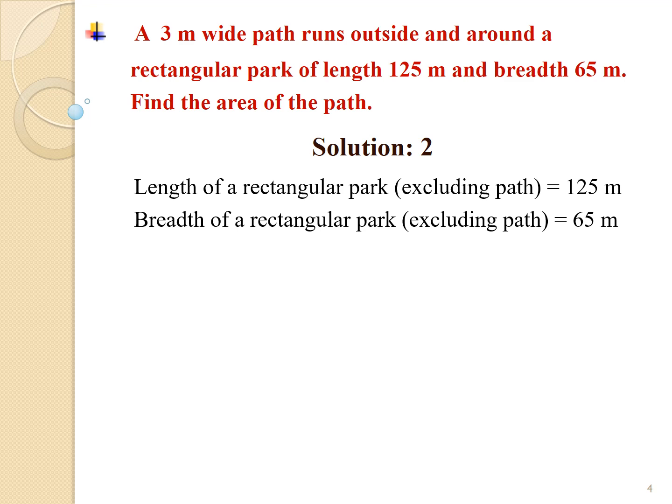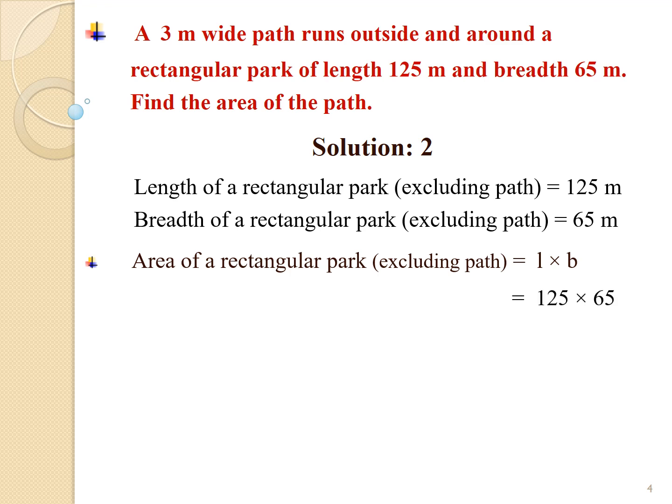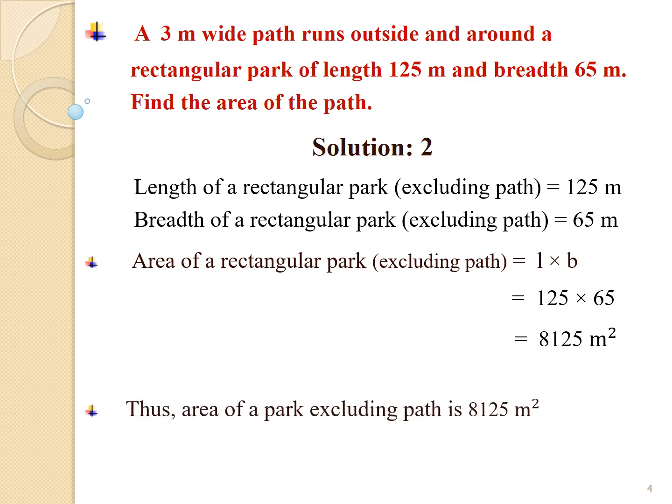We know that area of a rectangle is equal to length into breadth, which is equal to 125 into 65, which equals 8,125. Thus, area of the rectangular park excluding the path is 8,125 square meters.